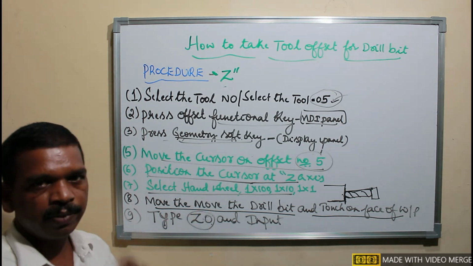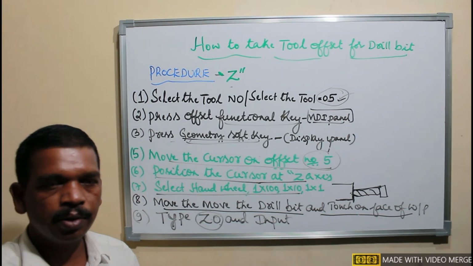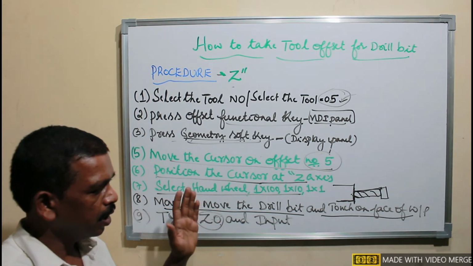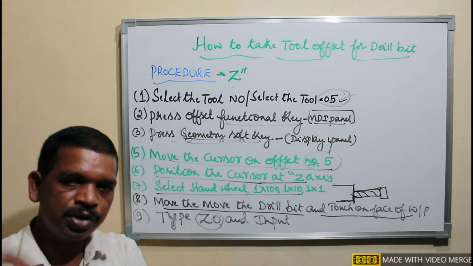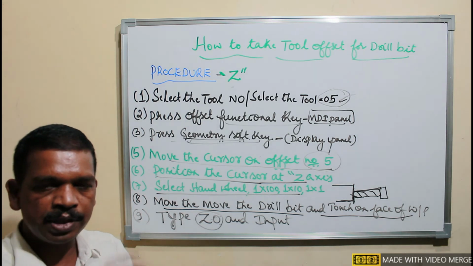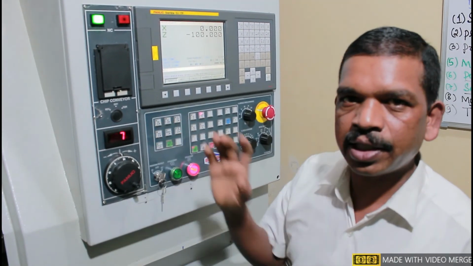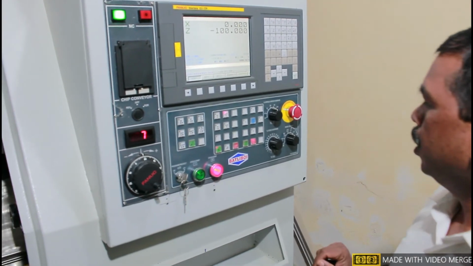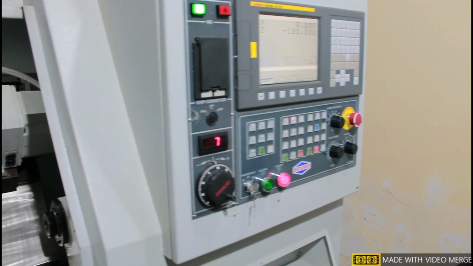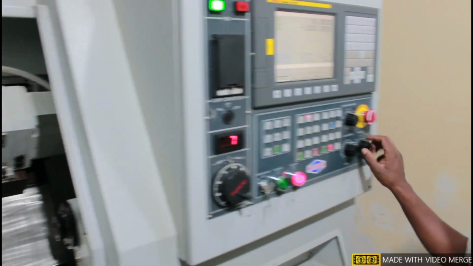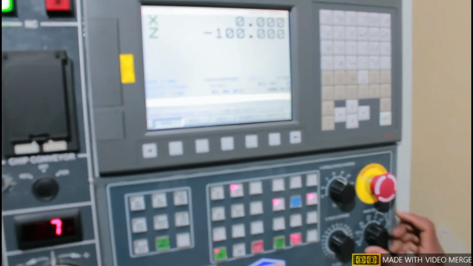Okay. So in addition to this, I will show the procedure on the machine also. Please observe that also. Now I will show the procedure for taking the tool offset for the drill bit. Okay. So for this we have to select the required tool.